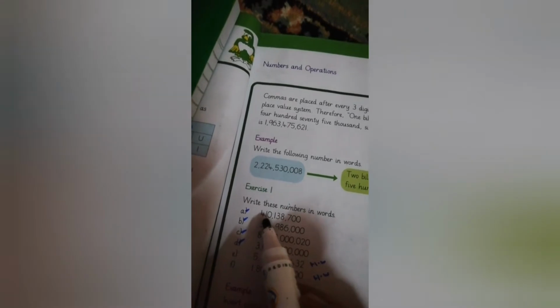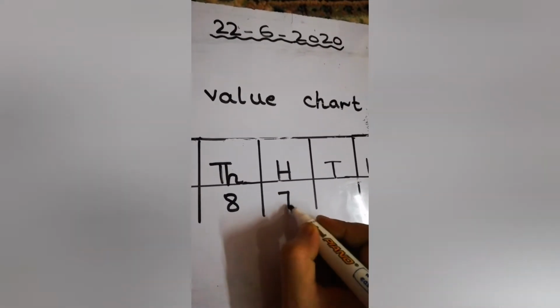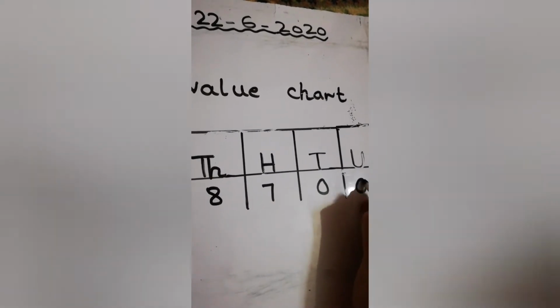It's the units period. The second one is the thousands period, and the next one is the millions period. So 410 millions, 138,700. Look, 700. So we will put 700 here.